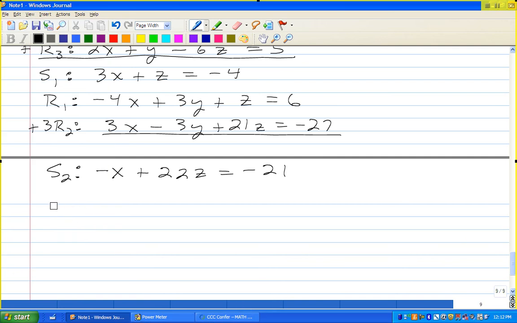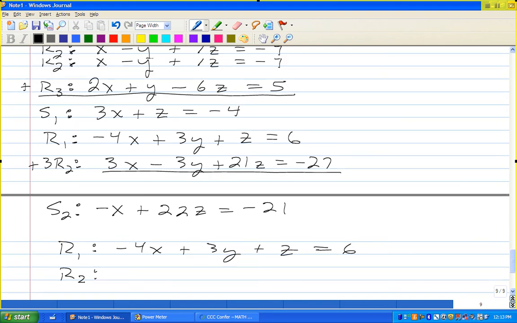Okay, so let me write down R1 and R2. R1 was negative 4 plus 3 plus 6, and R2 was x minus y plus 7z equals negative 9.